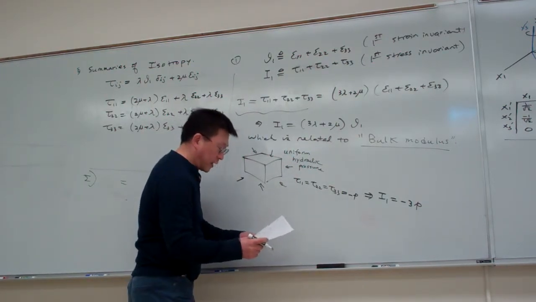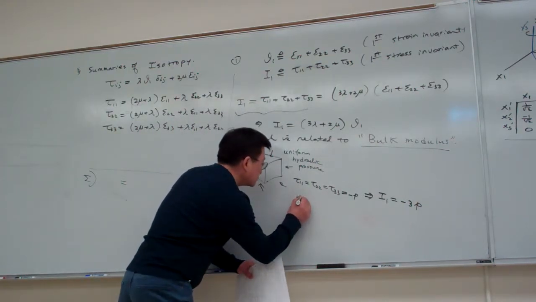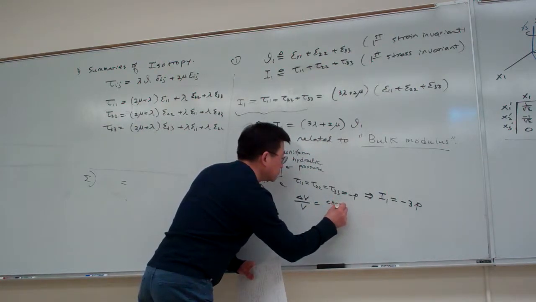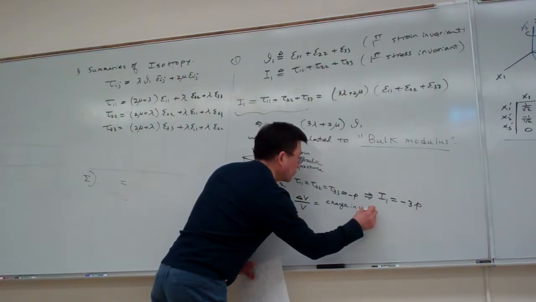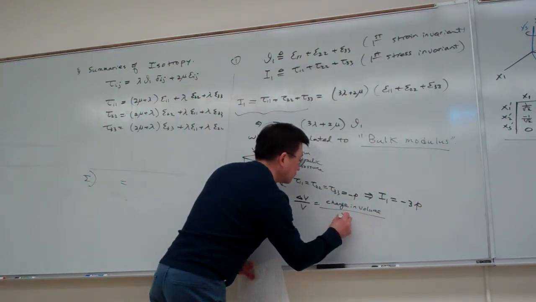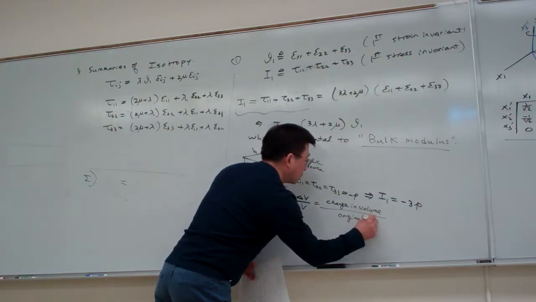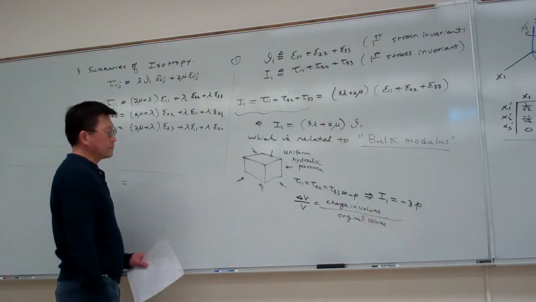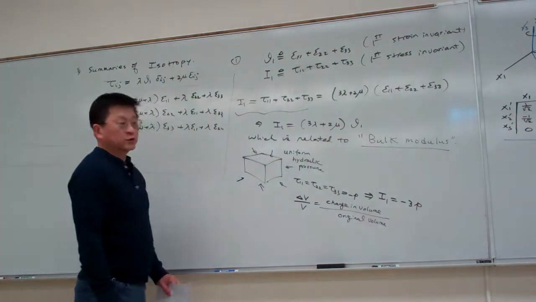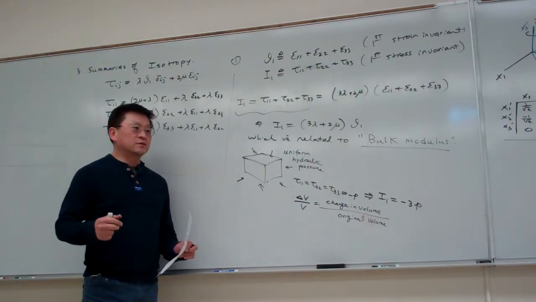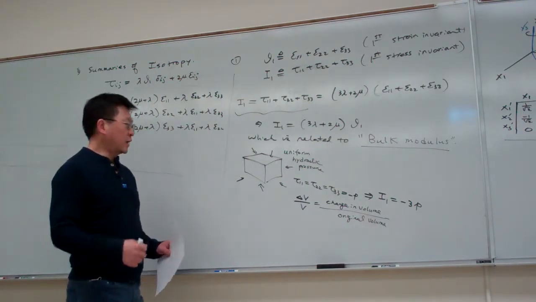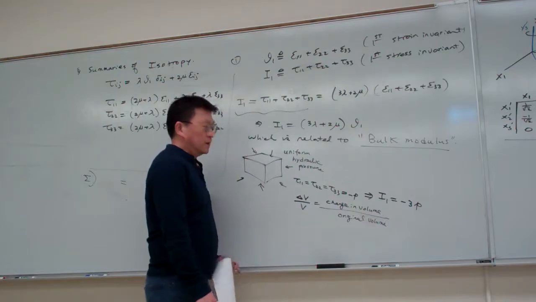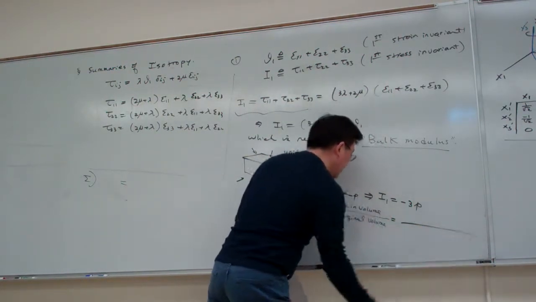So here I'm going to calculate the change in volume due to the submersion into the high pressure. And how do we calculate the change in volume? The change in volume basically can be approximated by this.